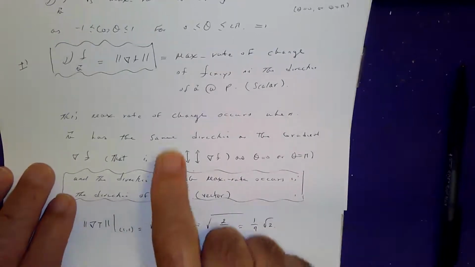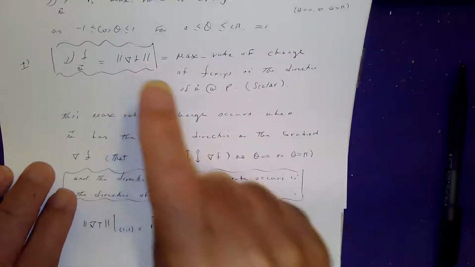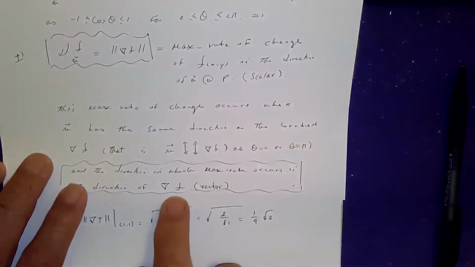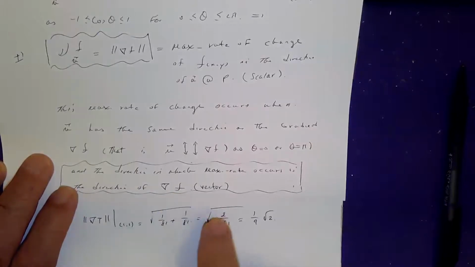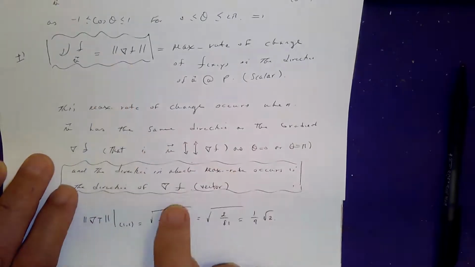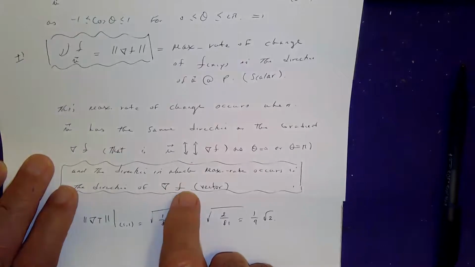So the maximum rate occurs here. That's a number, which is the magnitude of the gradient of f. And in which direction does that maximum occur? In the direction of the gradient vector itself. In case you were interested in the minimum, this would be negative, and the direction would be opposite, which would be negative gradient of f.